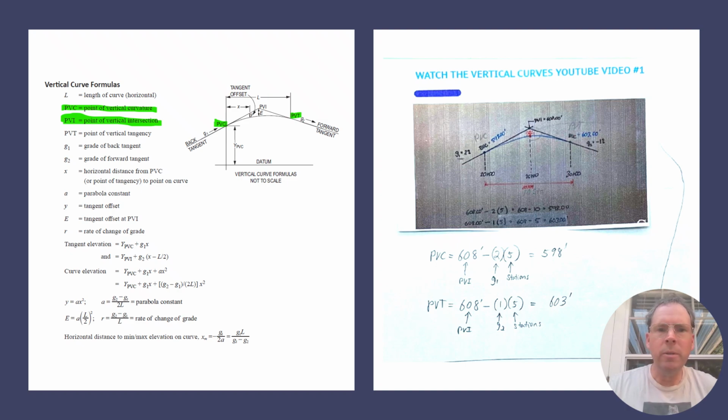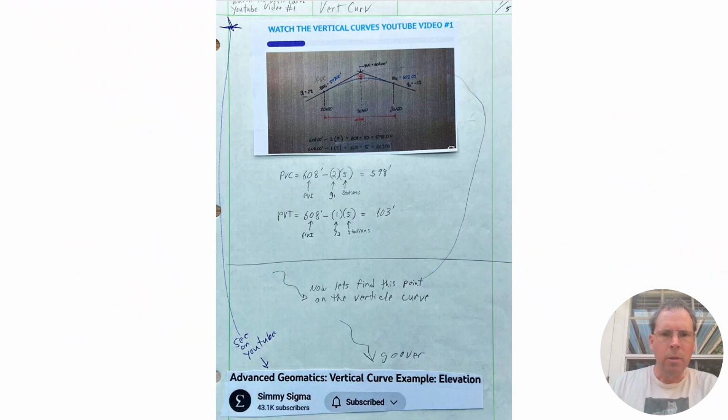Just kind of watch out for that. And the PVT, the point of vertical tangency, he calls the EVC, the end of vertical curve. That's kind of the big difference. Otherwise, he'll set up the problem basically using this formula, and it explains it really well. And I'll let him explain it on his video.